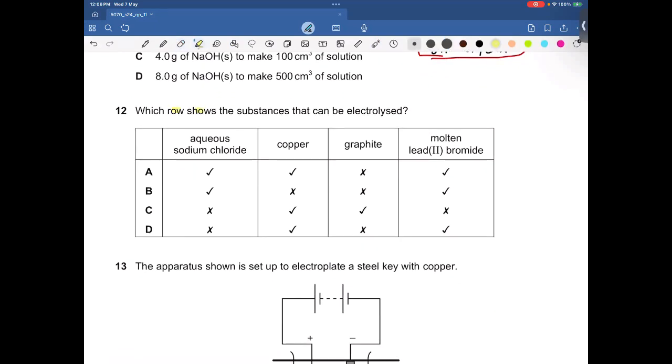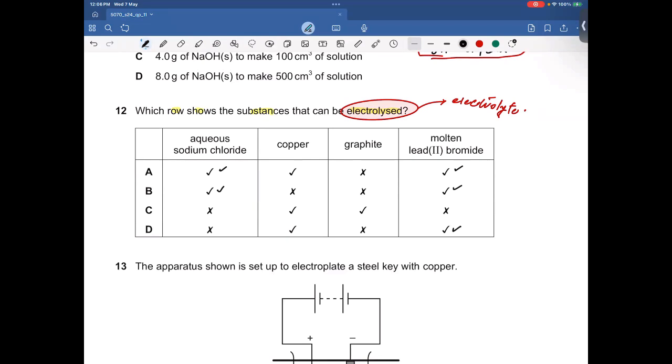Next is which row shows the substances that can be electrolyzed. Electrolyzed मतलब undergoes electrolysis, must be an electrolyte though, right? So sodium chloride conducts electricity, yes. And molten lead bromide conducts electricity, yes.